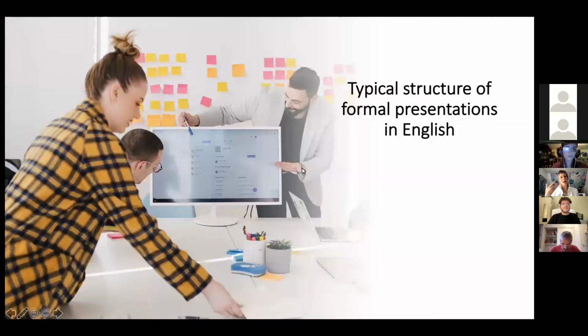So I picked out 5 different points that I'd like to highlight in presentations. And I'm going to give you some language that you might use for each part of the presentation. I forgot to say at the beginning, but I do have a handout. I do have a document for you at the end.